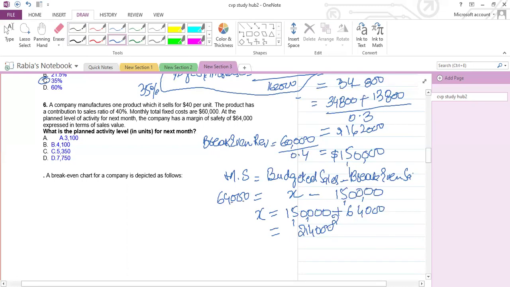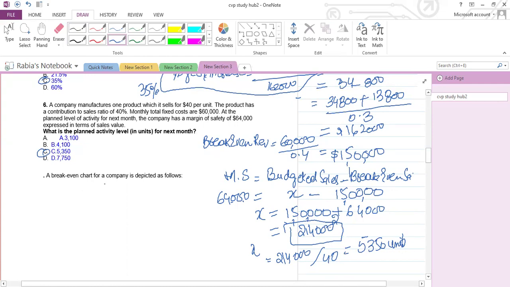I want to calculate in terms of units, so we will divide it by the unit price, and we will get it in terms of units. That is 5,350. Option C is the right option.